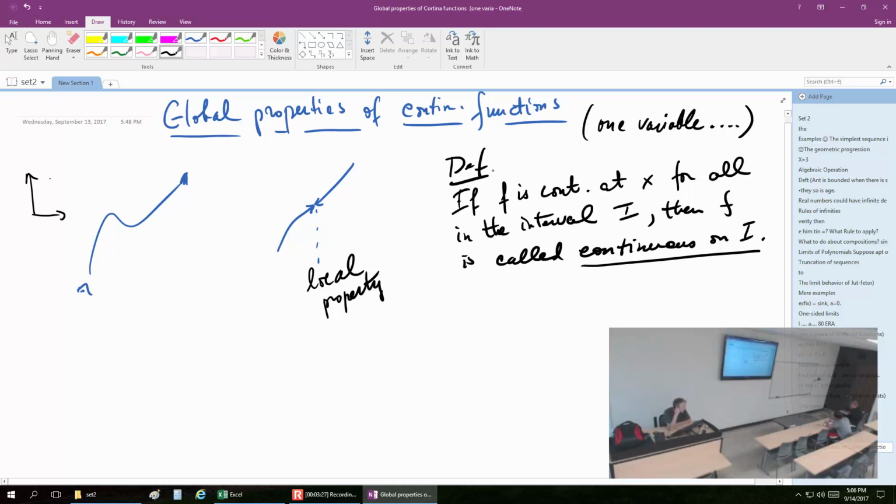That's verifying limits one point at a time. And then if we have verified it, we can speak of a function continuous on an interval, no matter what that interval is.